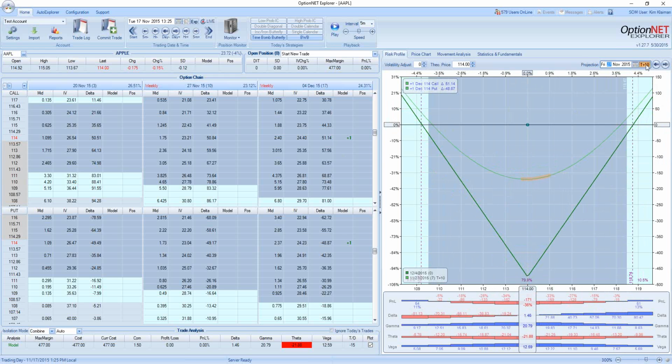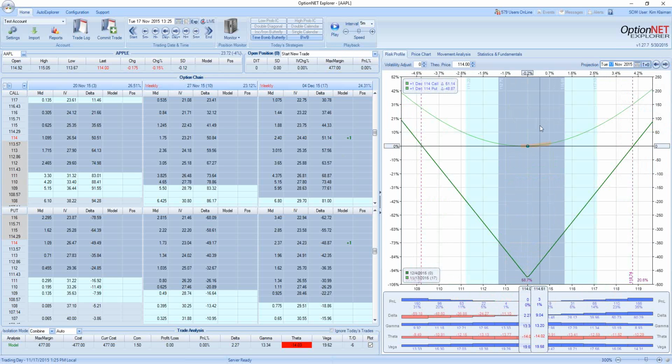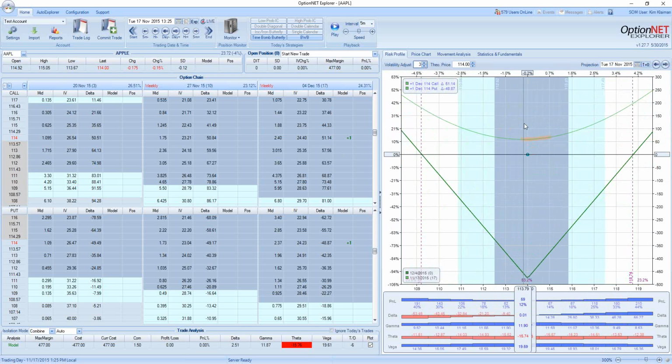If we do adjust volatility, for example, if we go today and we increase volatility by just 3%, we can see the trade is already up 12%, even if the stock doesn't move. And this is basically the key to what we're doing with our earnings straddles, as we will see. Okay, so let's go back to the presentation.